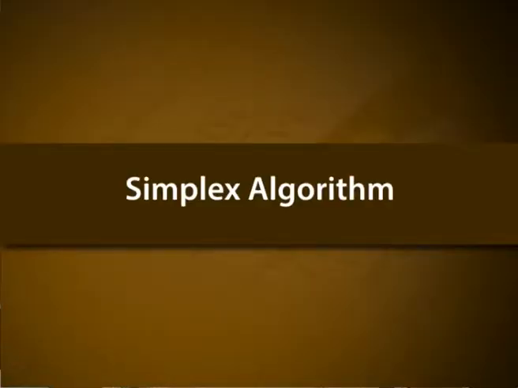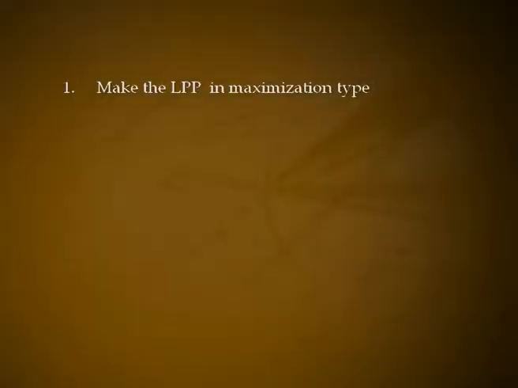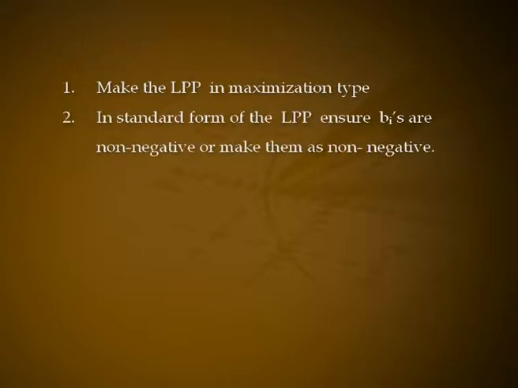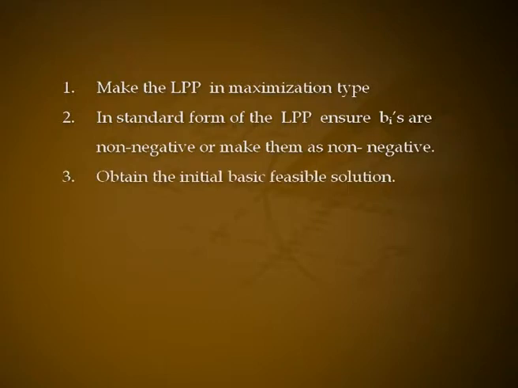Simplex algorithm. In short, the simplex algorithm can be stated as follows. Steps. Step 1. Make the LPP in maximization type. Step 2. In standard form of the LPP, ensure bi's are non-negative or make them non-negative. Step 3.